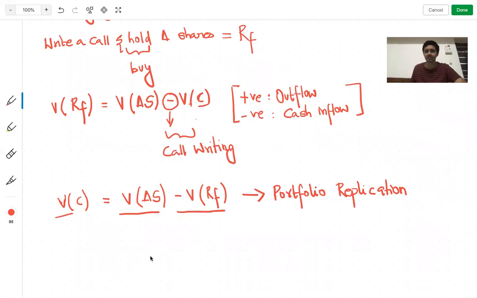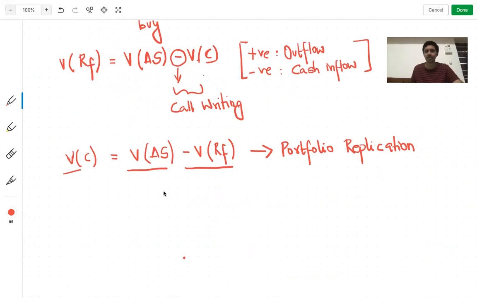Which means buying delta shares, again, the signage is the same as what it is above. When I'm buying delta shares, it's a cash outflow, which is denoted as positive sign. By borrowing a sum of money, when I borrow money, I receive cash, right? It's a cash inflow, but I've denoted it as a negative signage, right? So value of a call option is nothing but buying delta shares by borrowing a sum of money, which is nothing but this, right? Borrow and buy delta shares, right?